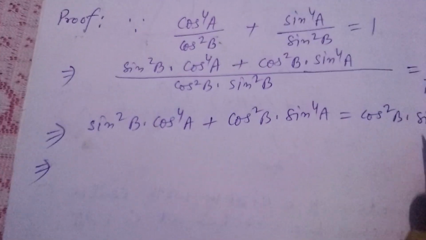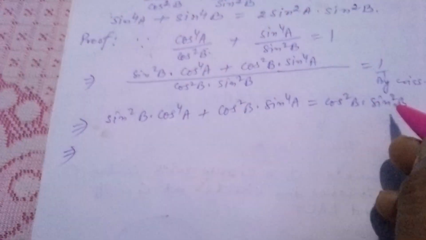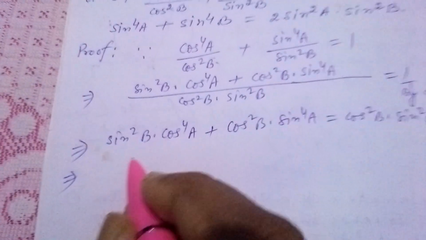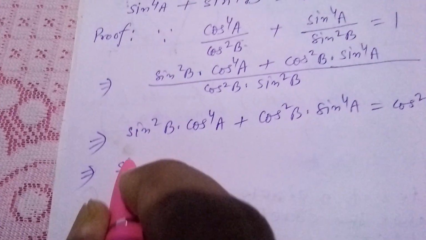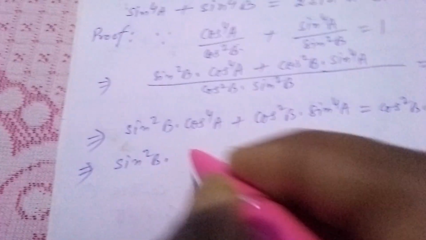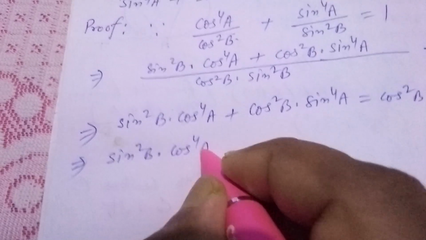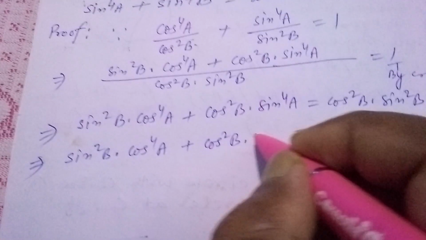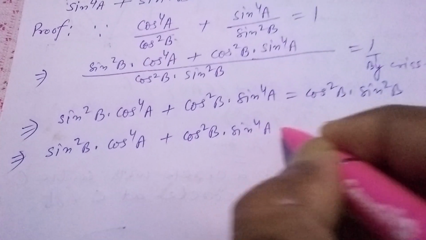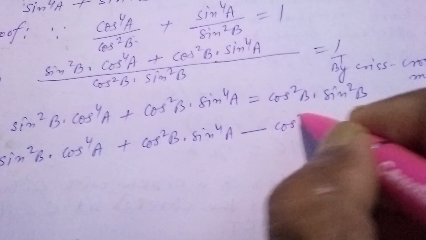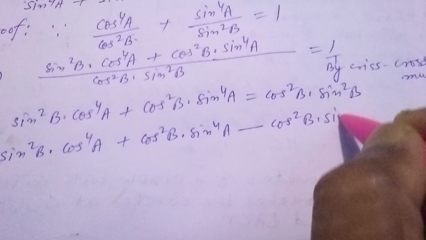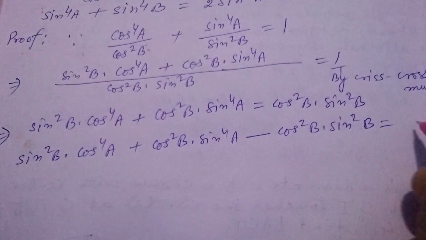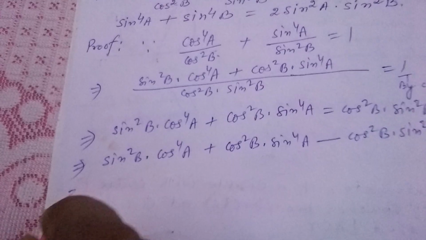This implies, now this right side I will bring to the left side, and then we get sin square b into cos to the power 4a plus cos square b into sin to the power 4a minus cos square b into sin square b, and here nothing is left, that means 0 is left.